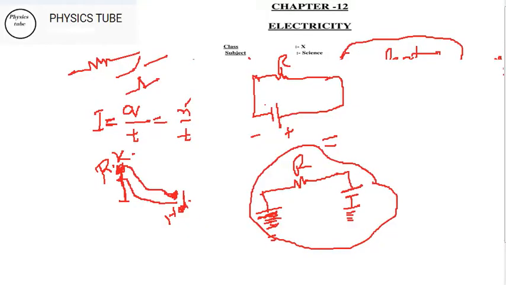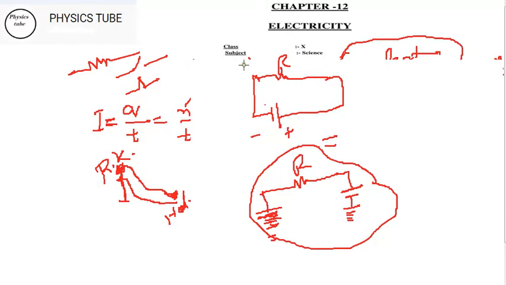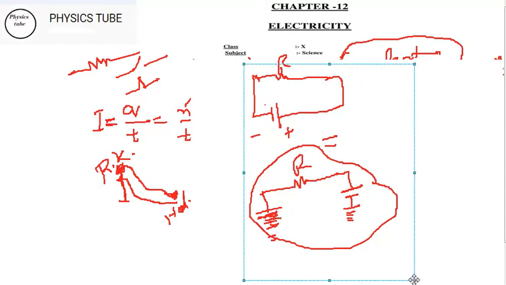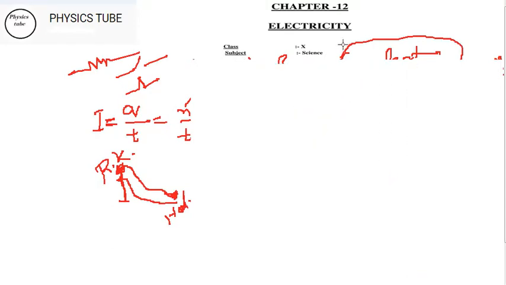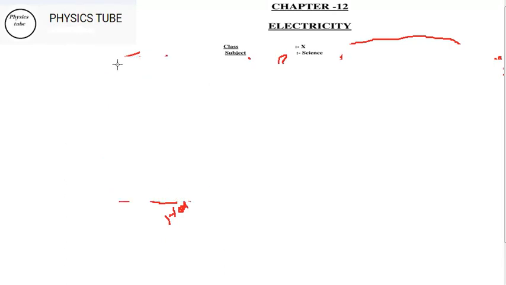The most interesting part of Ohm's law is the graph of Ohm's law. If I plot a VI curve of Ohm's law, let me do it for you here. Suppose I have one axis here, the y axis, and the I axis.